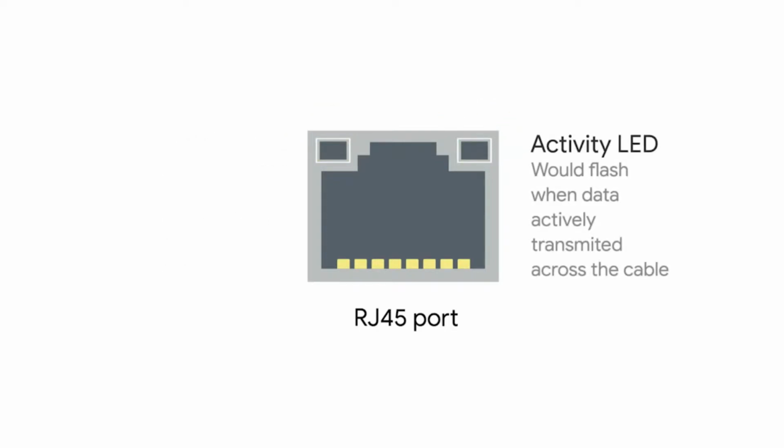The activity LED will flash when data is actively transmitted across the cable. A long time ago, the flashing activity LED corresponded directly to the ones and zeros being sent. Today, computer networks are so fast that the activity LED doesn't really communicate much other than if there's any traffic or not.